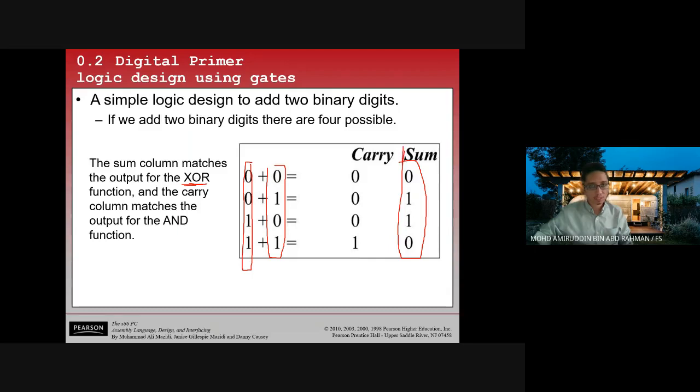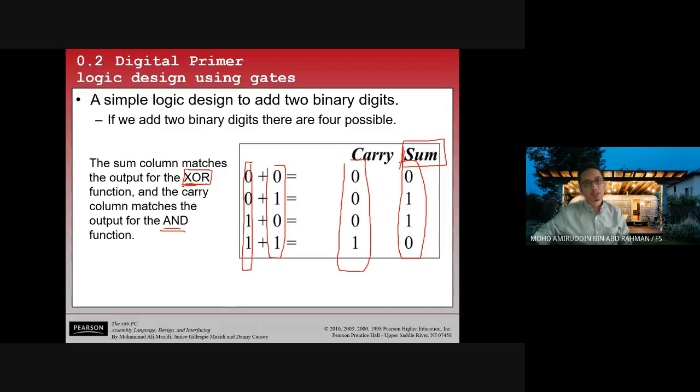The function of sum you get by using the XOR gate. If you want to add these 2 inputs, you must put the XOR gate, right? And also you must put the AND gate for the carry. Then only the computer can do the calculation.